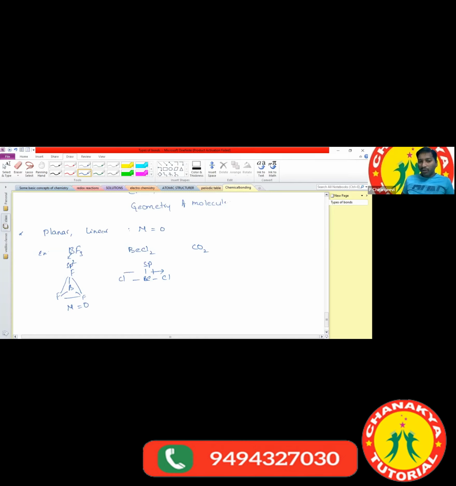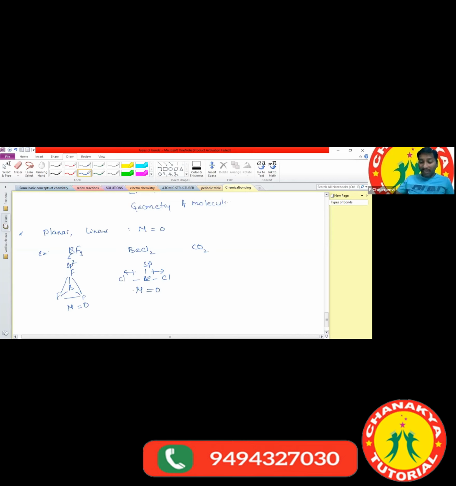Now, are the vector quantities present in the same direction or opposite direction? Exactly opposite direction. So whenever they are present in exactly opposite directions, the net dipole moment becomes 0.